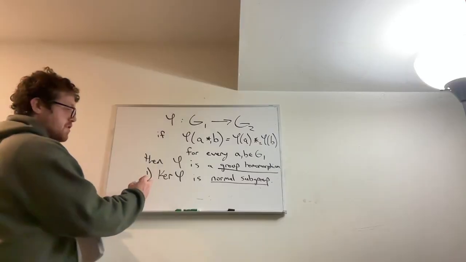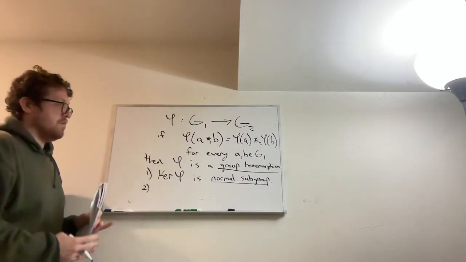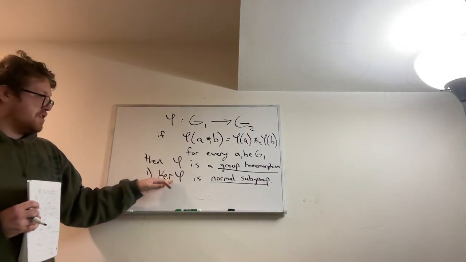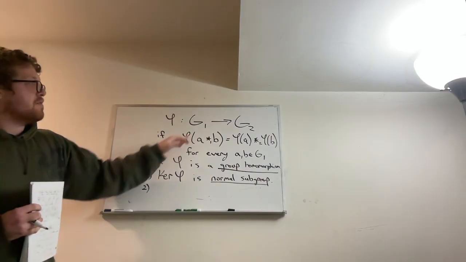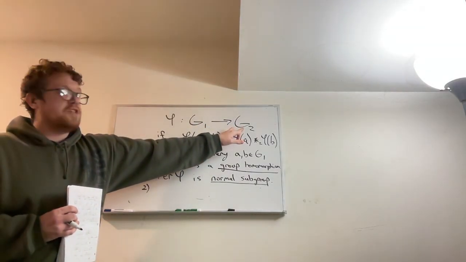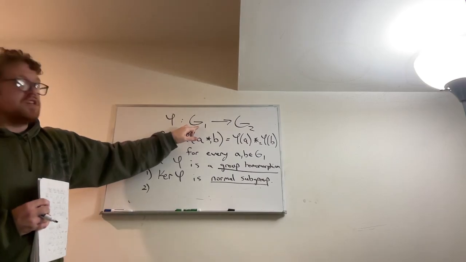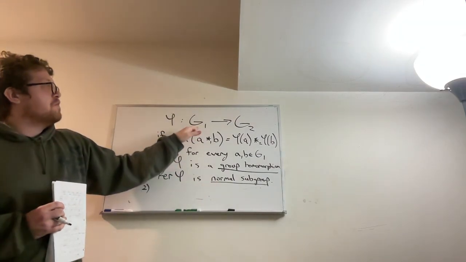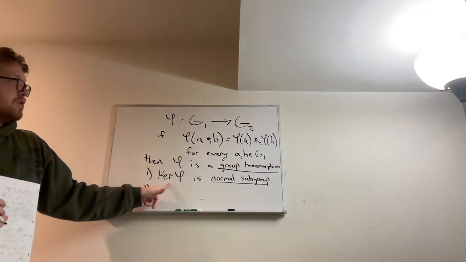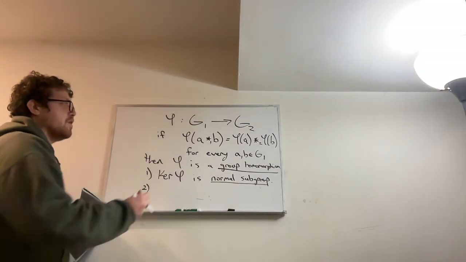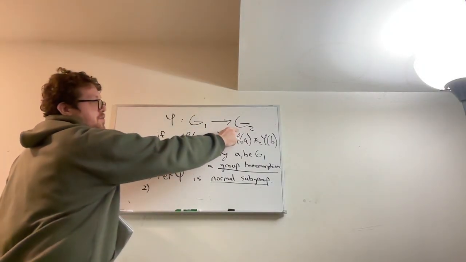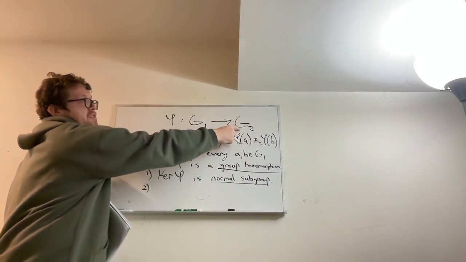And the image is also, sorry, I'll write down the definition of this, but the kernel is everything that maps to the identity in G2. And that means we're looking at elements in G1. So this is a normal subgroup of G1, call it the kernel. But also there's the image of this map, which is everything that's hit by some element in here.